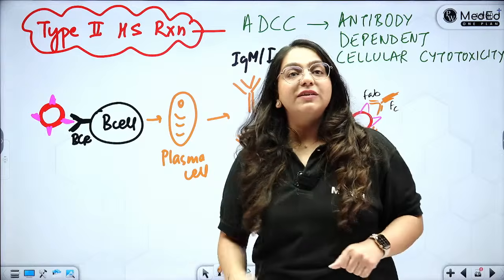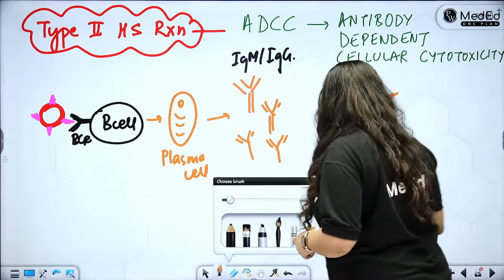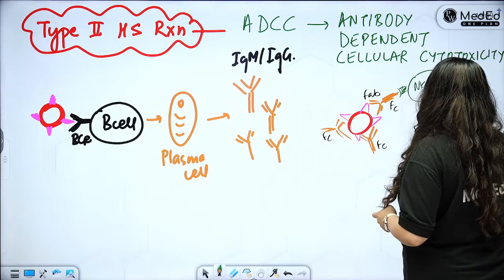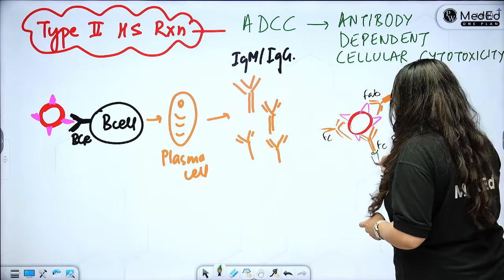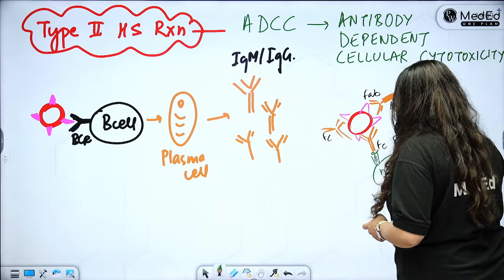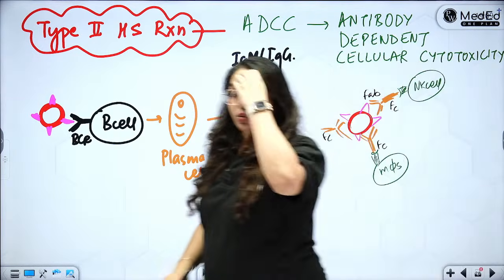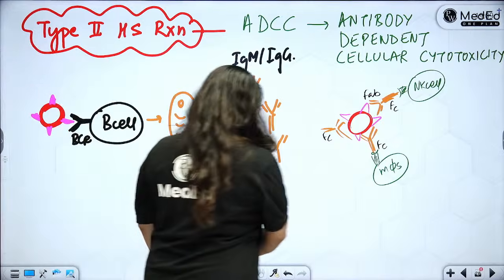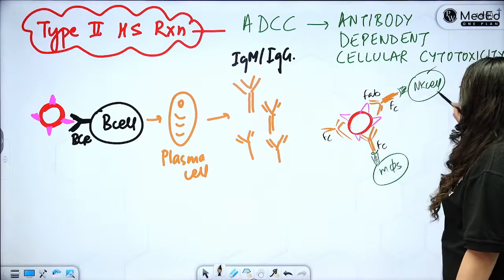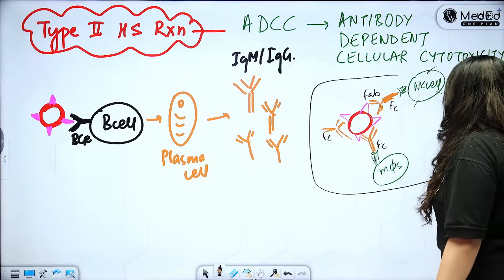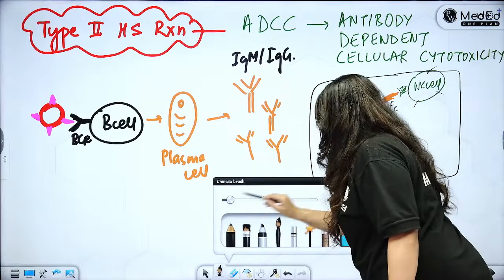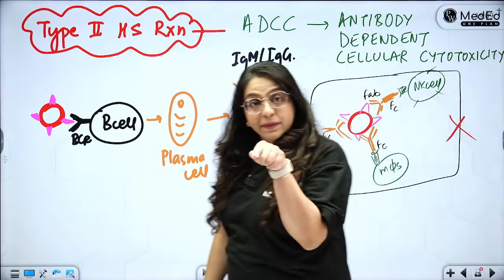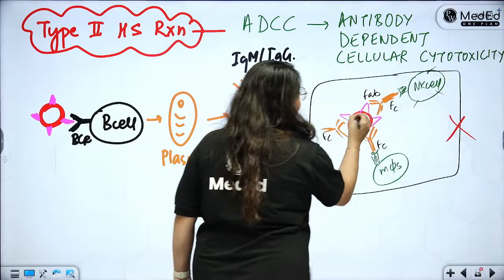This Fc portion will bind to whom? This Fc portion will bind to the natural killer cells. This Fc portion will bind to macrophages. This Fc portion will bind to all the phagocytes of my body. As a result, when this natural killer cell will burst, this whole thing is going to get killed or die. Right? The whole thing dies. So what is happening? Ultimately, this cell is dying.